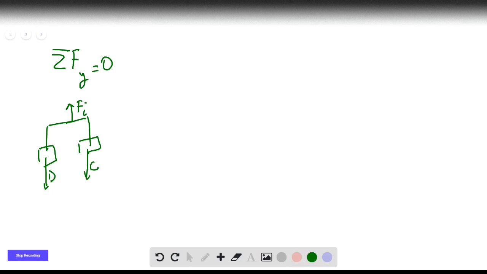And we're saying that the net force along the y is 0, so Fi minus MDG minus MCG equals 0.